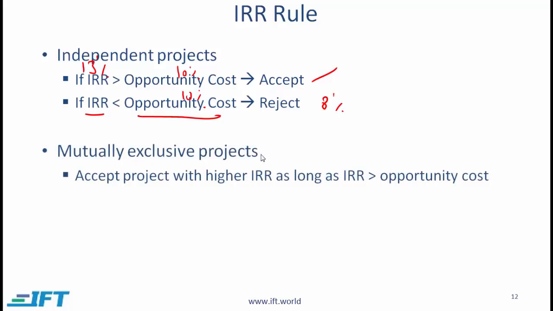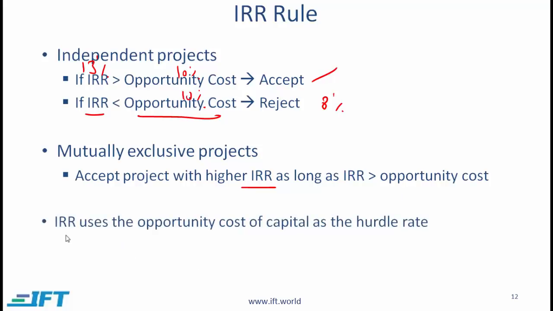For mutually exclusive projects, we should accept projects with the higher IRR as long as the IRR is greater than the opportunity cost. IRR uses the opportunity cost of capital as the hurdle rate. A hurdle is something that you need to overcome.